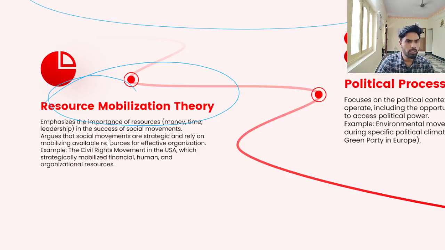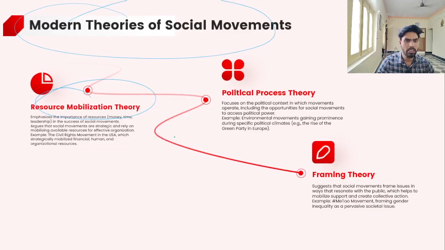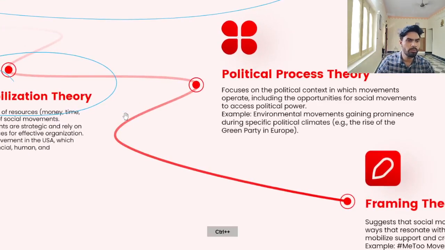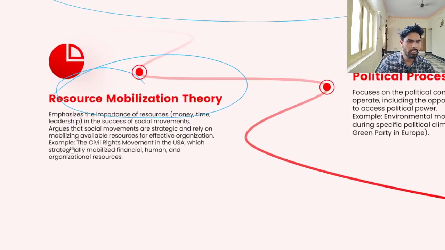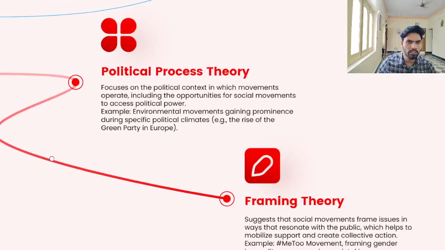It argues that social movements are strategic and they rely on mobilizing available resources for effective organization. Examples are the civil rights movement in the United States of America, which strategically mobilized financial, human, and organizational resources. So that is resource mobilization theory.